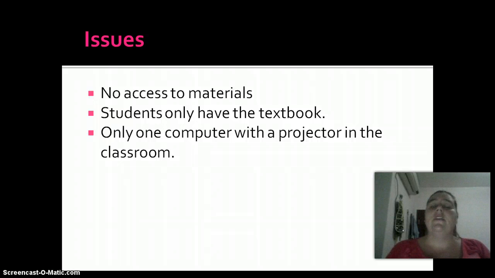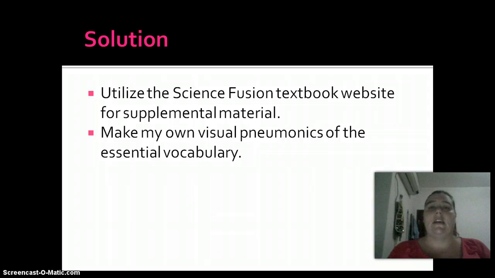So I've been exploring some of the solutions, and one of the solutions that I've found and I think I'm going to start to utilize is the Science Fusion textbook website. It has lots of supplemental material, and it seems like it's going to be really effective. My other thing that I'm going to try is to make my own visual mnemonics of the essential vocabulary. I've already started doing some searches on Google in search of some pictures.